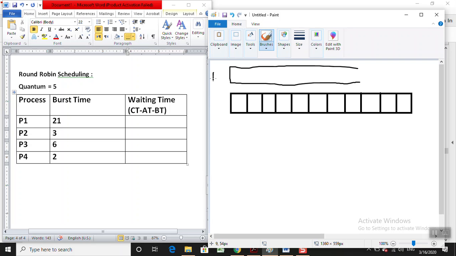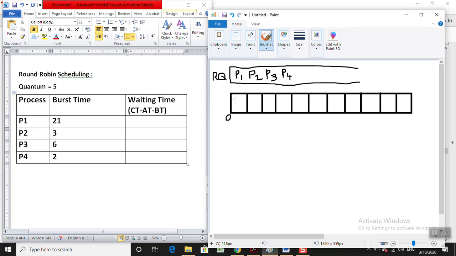We assume that all processes have arrived in serial order: P1 has arrived, then P2, P3, and P4.